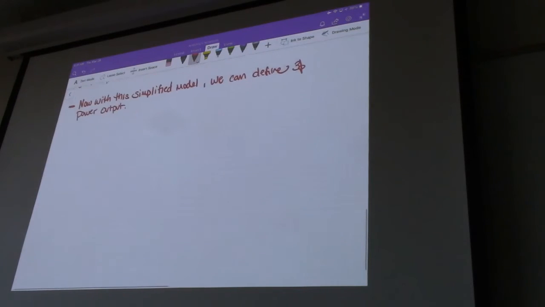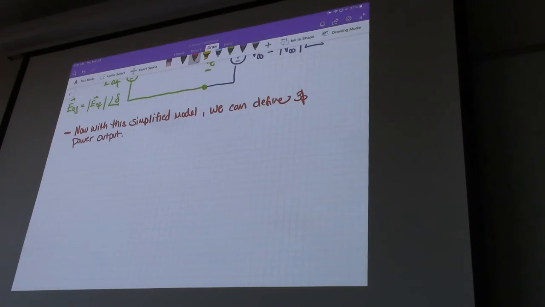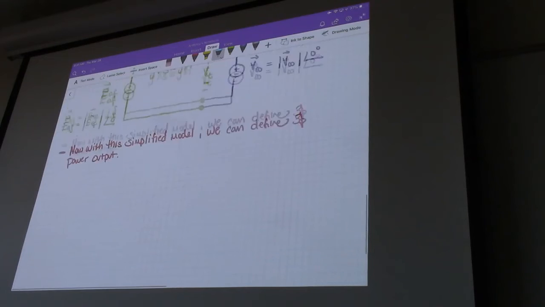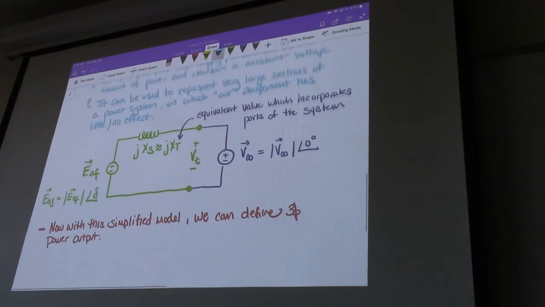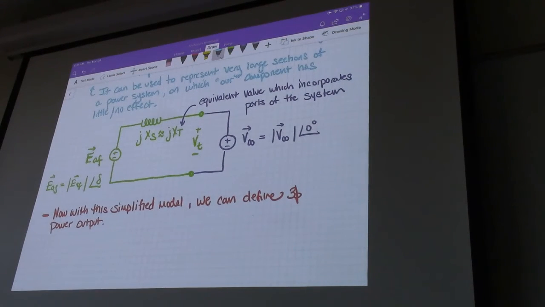Okay. So, let me name a couple things up here. So this is going to be IA. Okay, and we're also going to define a value that's called S infinite bus.